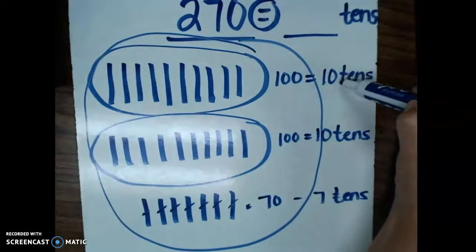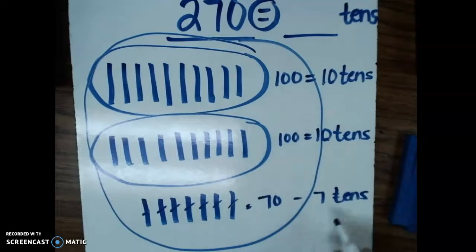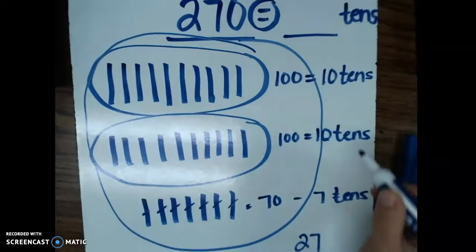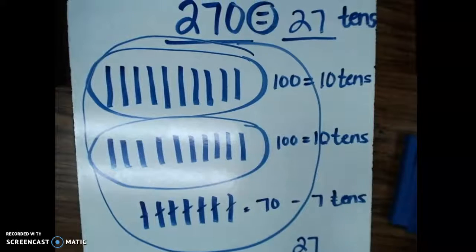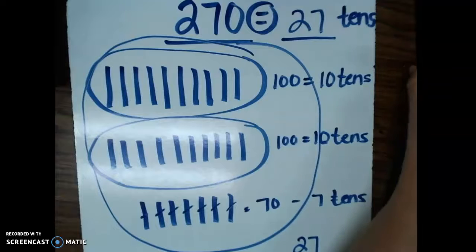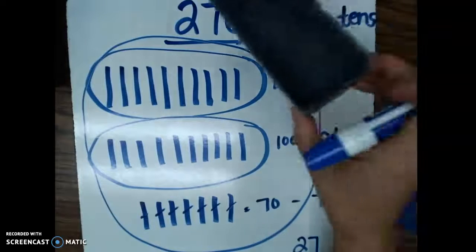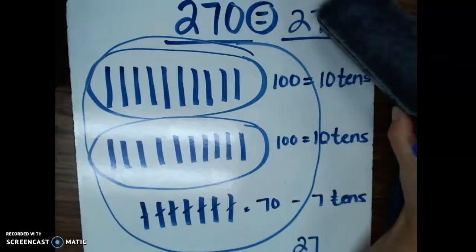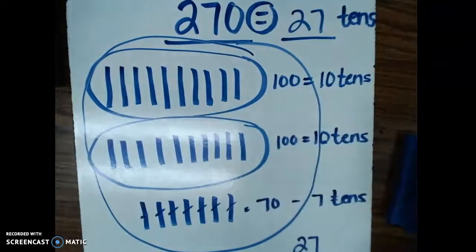I'm going to add them together. 10 plus 10 is 20. 20 plus 7 is 27. So there are 27 tens, which is the same thing as 270. Okay? So just remember that if it asks you how many tens is the same as 270, you make sure that you count and model it out. Make sure it makes sense. All right?